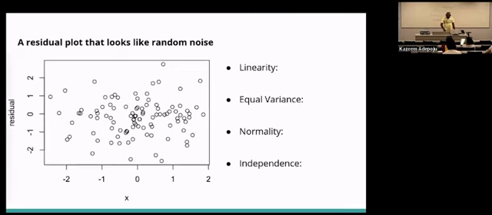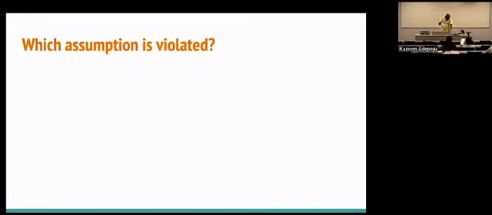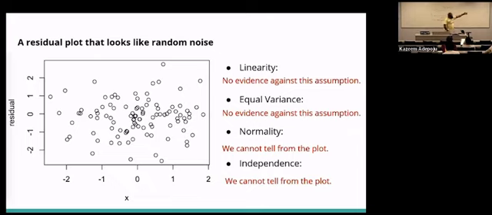Do you know, in the exam, I can give you something like this. But what if I give you a residual plot like that, and I ask you what assumptions are violated? But before I ask you that, residual plots can only be used to investigate two of the assumptions.